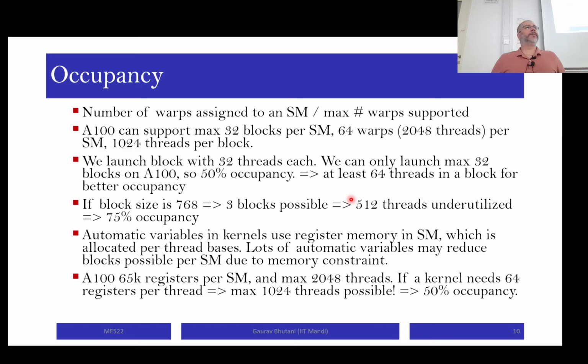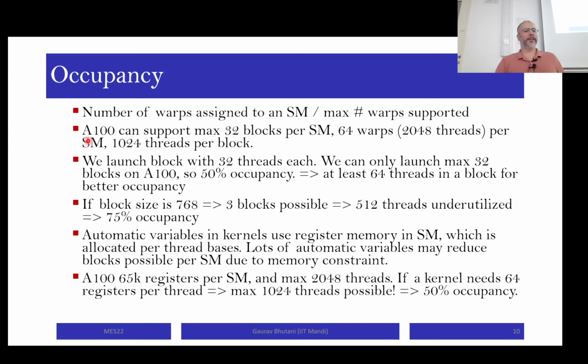Next is occupancy. That's a very important thing. Occupancy is defined as the number of warps assigned to the streaming multiprocessor divided by the maximum number of warps supported. So let's talk through examples.